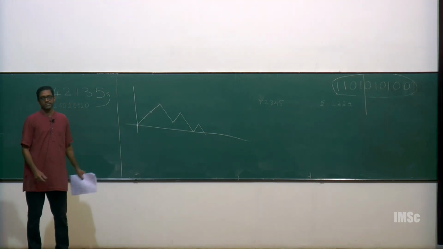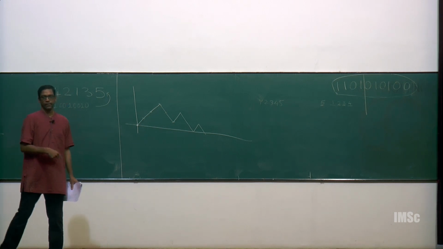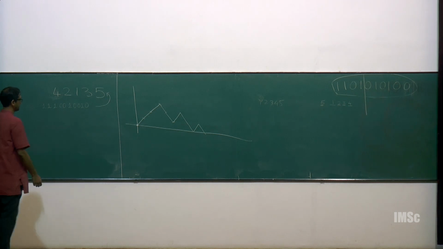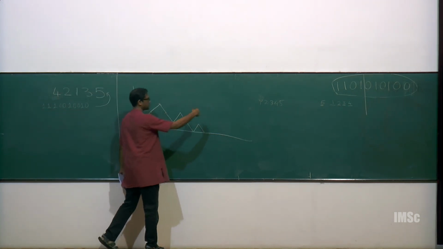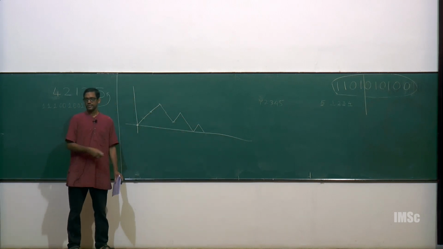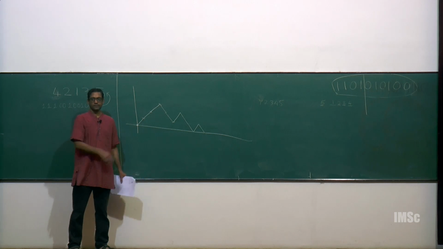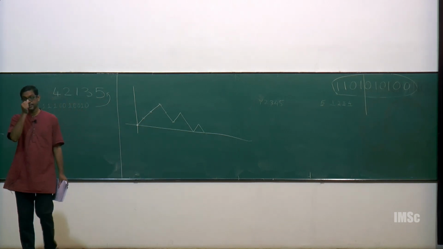Okay, so all I have done is just drawn a picture which depicts the 1s and 0s. 1 means I go up, 0 means I come down, and the condition that I always see more ones than zeros means that this path, what can I say about this path? It always lies above the x-axis.